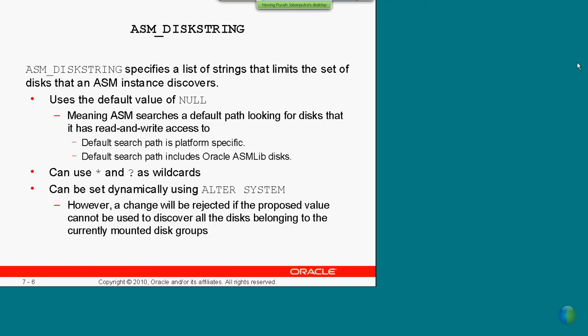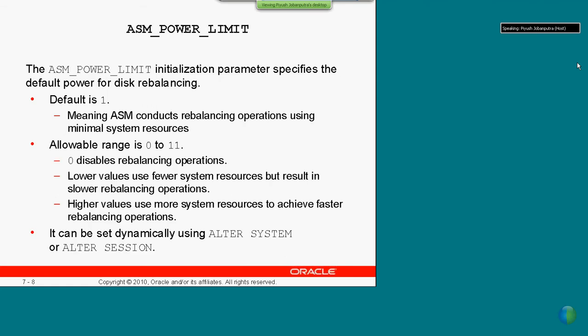As I told you, you can say /dev/* or use question mark wildcards. The only limitation is that it can read only files which have permission for the grid owner; it is not able to read files with root owner. That's a standard problem which I have seen in most cases.